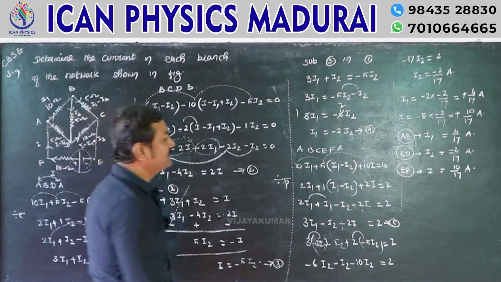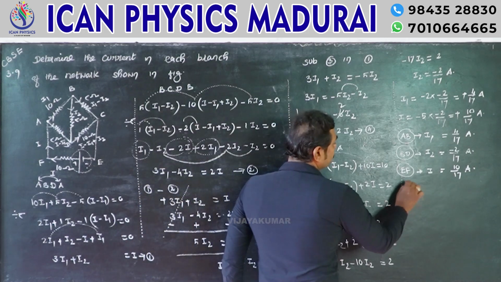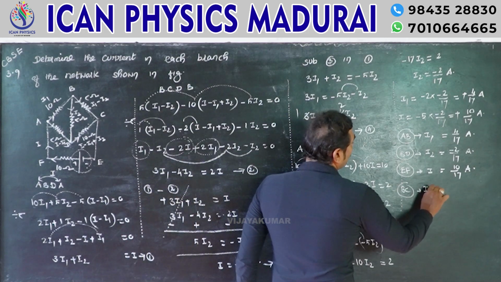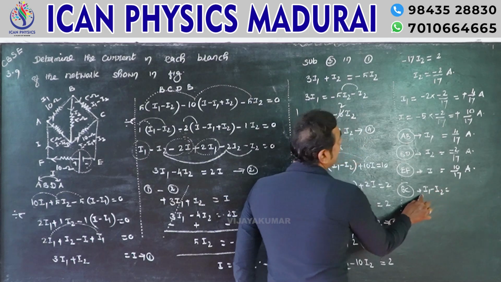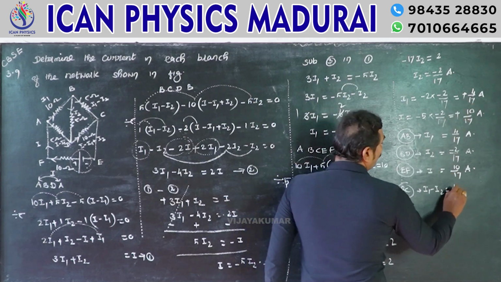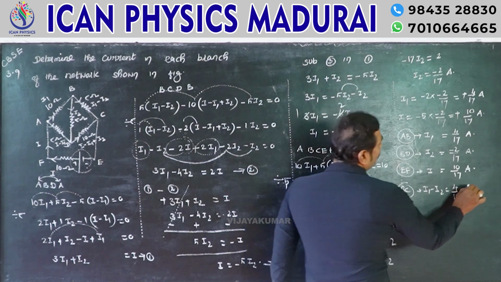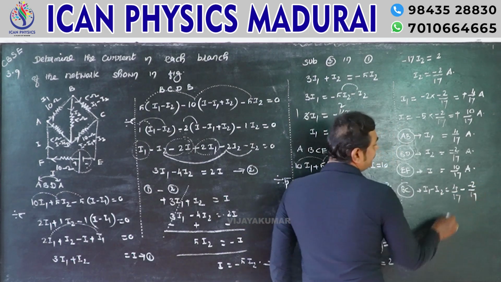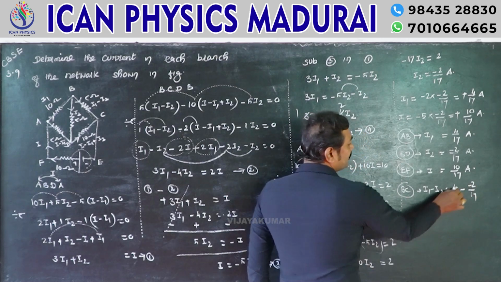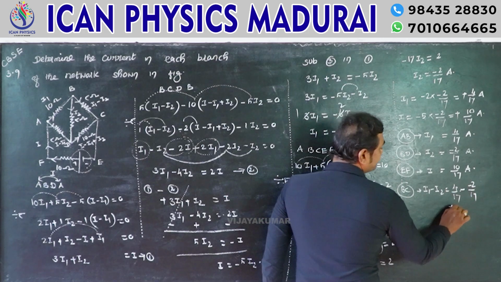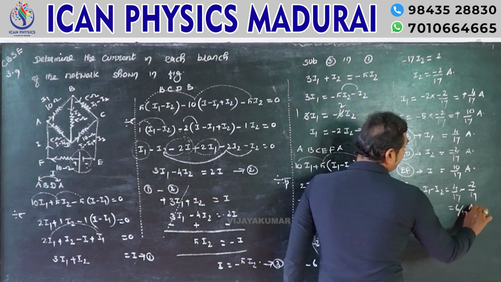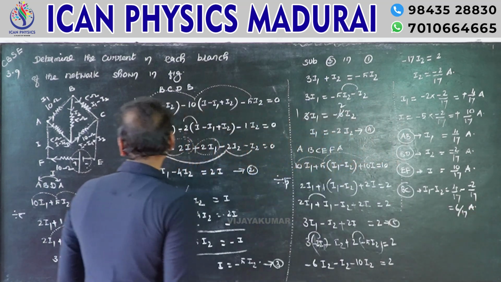I1 minus I2. So B to C, the current is I1 minus I2. That is I1, 4 by 17, minus I2, minus 2 by 17. Minus becomes plus. So 4 plus 2, 6. 6 by 17 ampere. B to C.